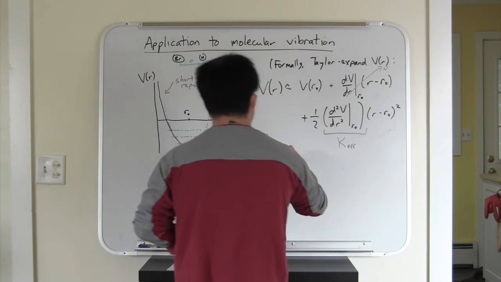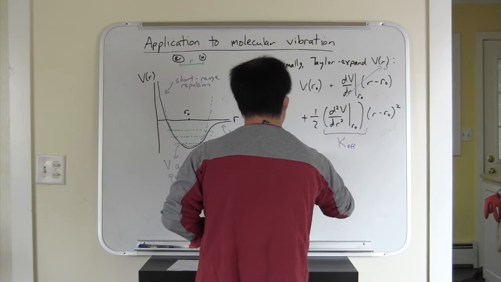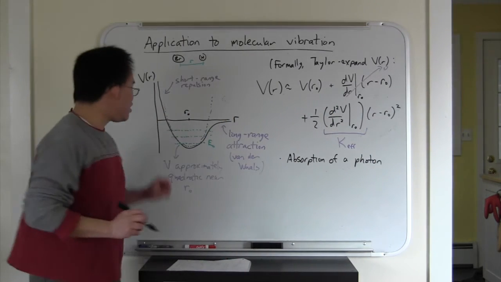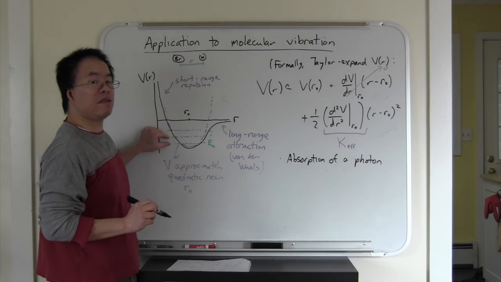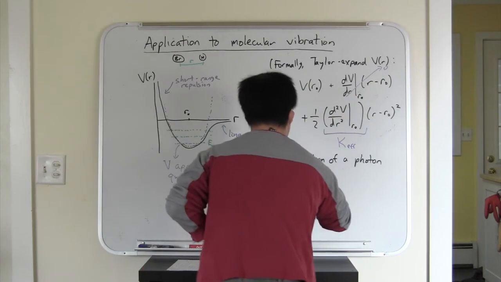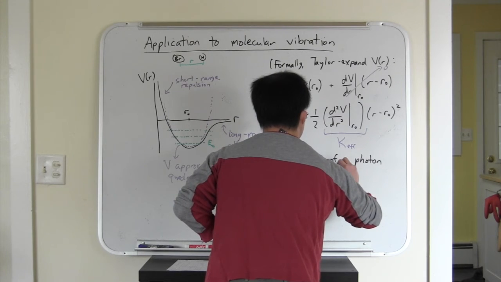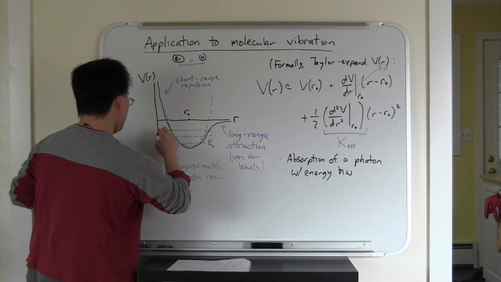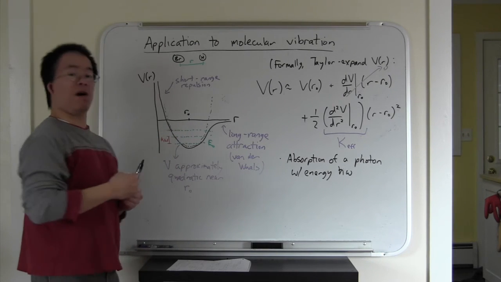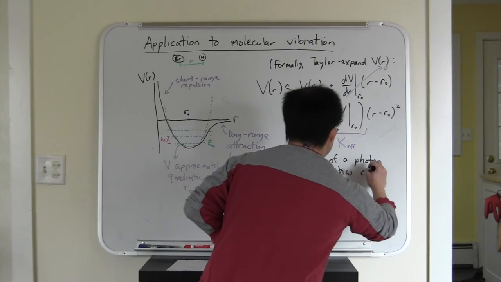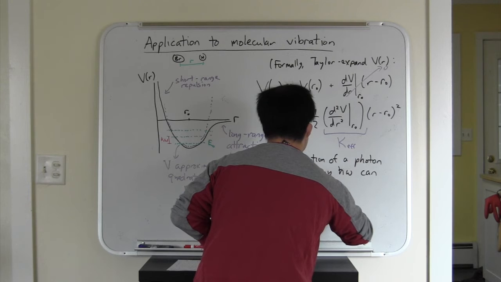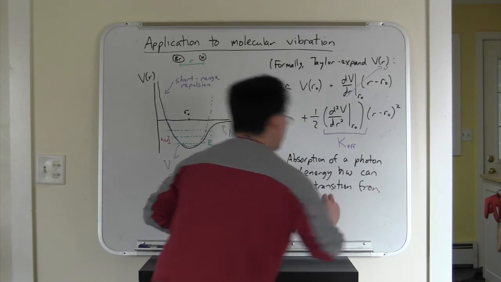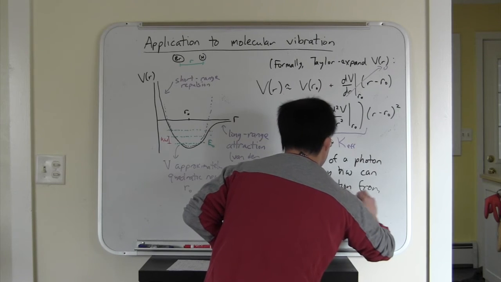In particular, absorption of a photon with the right energy, namely the energy equal to the spacing between two of these energy eigenvalues, can cause a transition from my ground state n equals 0 to n equals 1.